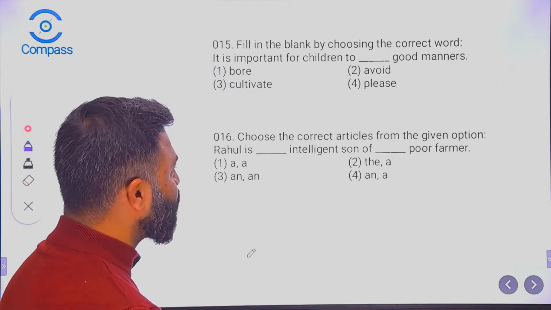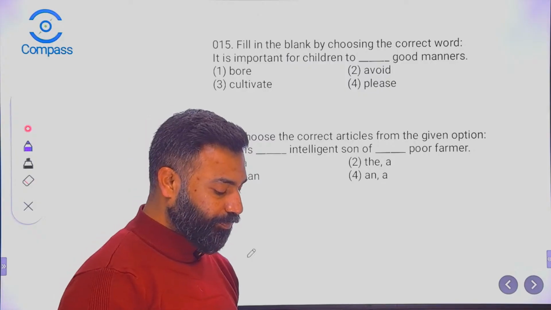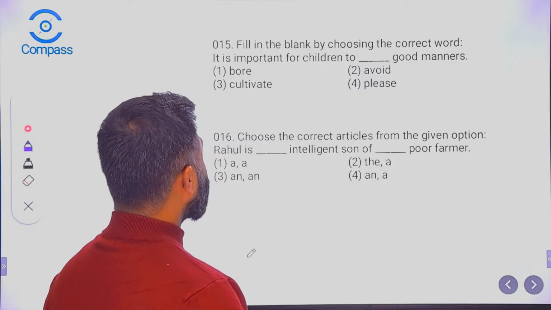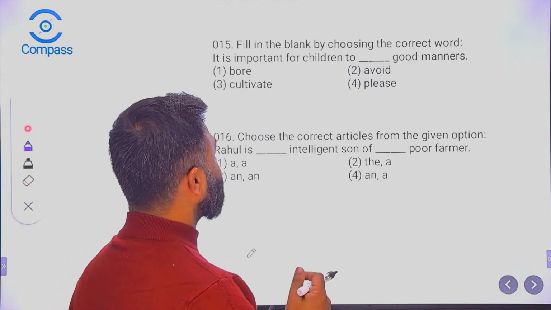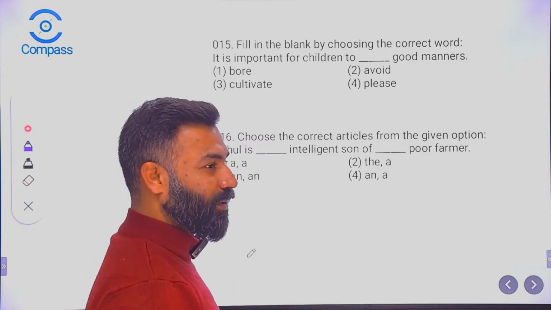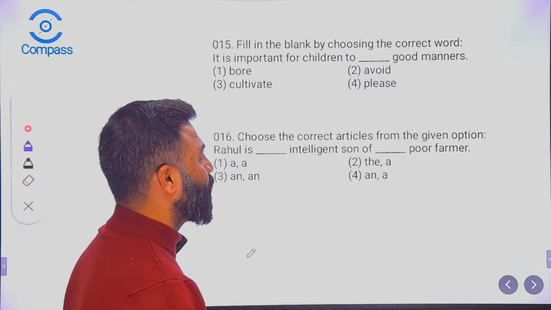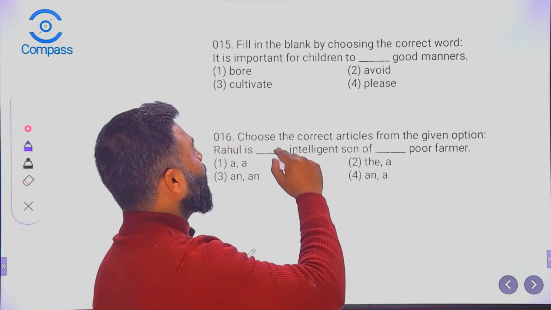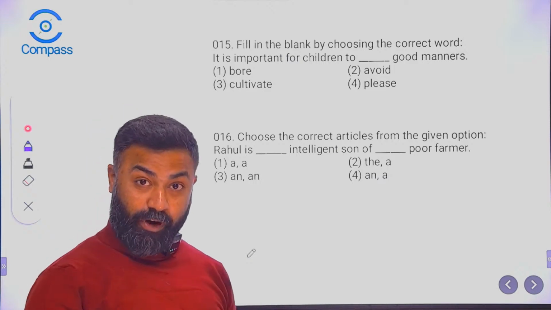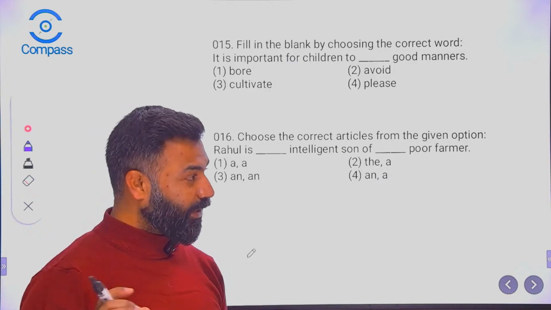Fill in the blank by choosing the correct word. It is important for children to dash good manners. So, okay, some funny options are given here. Let's talk about avoid. It is important for children to avoid good manners. Really, it cannot be.